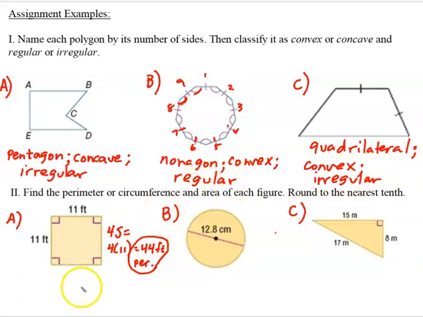To find the area of a square, it's just the side length squared. And so, of course, that's going to be 11 squared. So that's 121 feet squared. Please try to remember this when you're doing your units. Area is always in a unit of measurement squared.